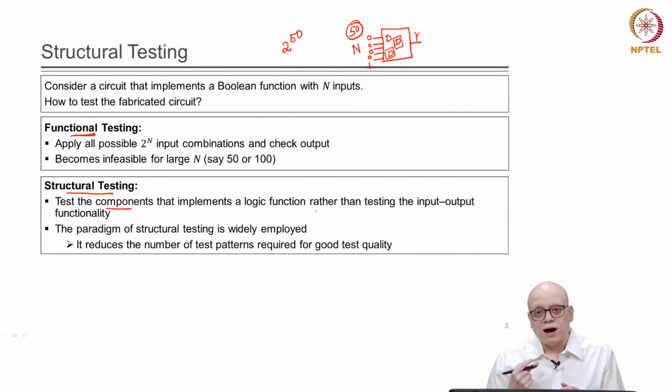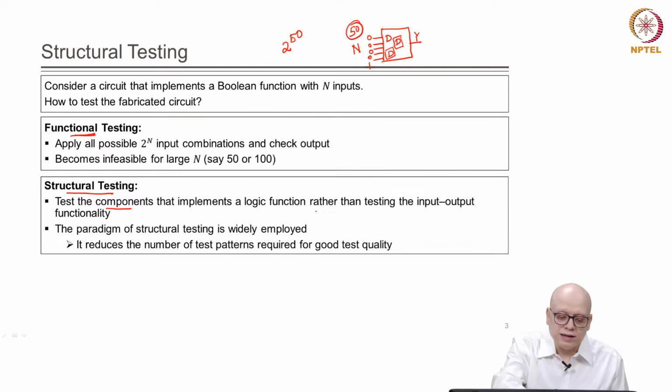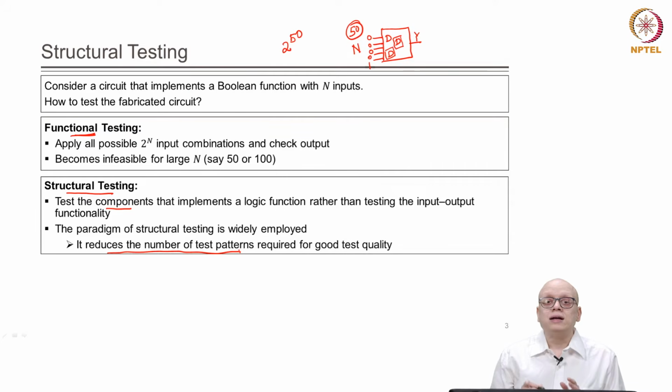And why is it very popular? The reason is that the number of test patterns required to perform testing efficiently is comparatively much lesser for structural testing than with functional testing. Therefore, the structural testing paradigm is widely employed in the semiconductor industry.